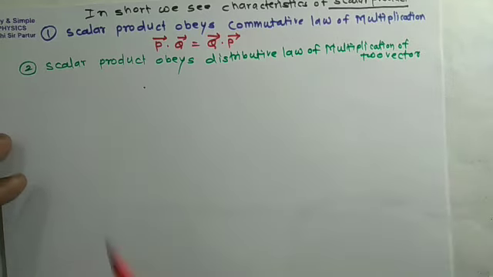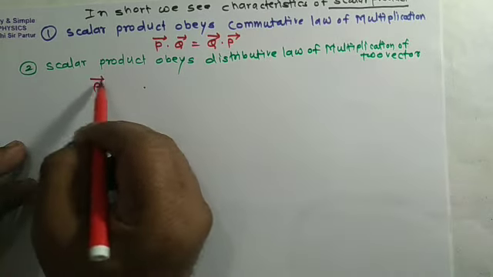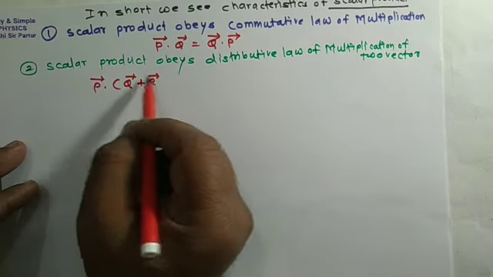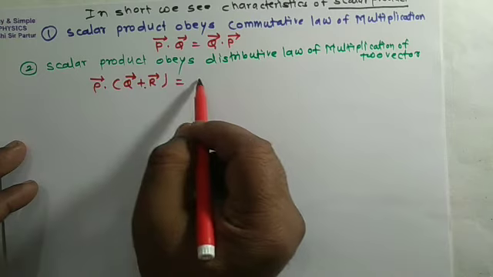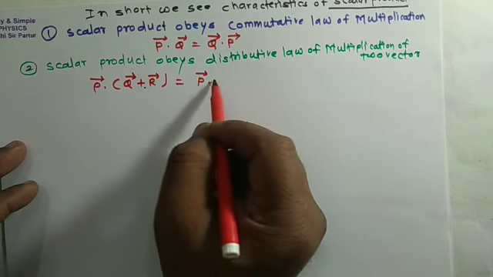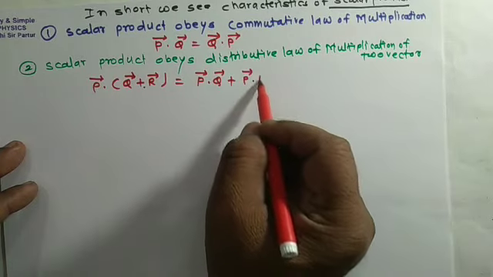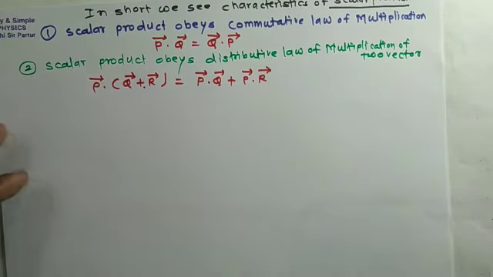Distributive law means vector P dot vector Q plus vector R is equal to vector P dot vector Q plus vector P dot vector R. That is the distributive law of multiplication of two vectors.